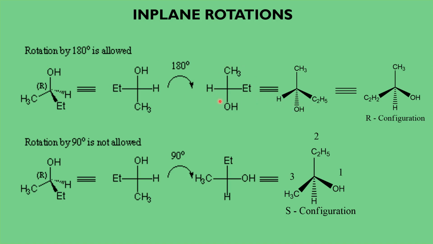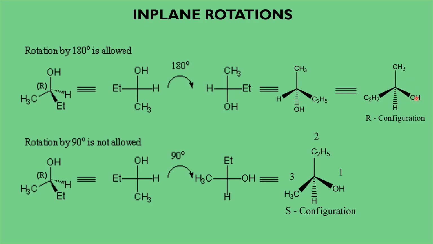Let us convert this into the three-dimensional structure where methyl is at the top, the two groups are coming towards the viewer, and OH is going behind. Let me do a rotation about this C-C single bond to make the least priority group, hydrogen, go away from the viewer, and after that I am getting this structure. Now hydrogen has gone away from the viewer.